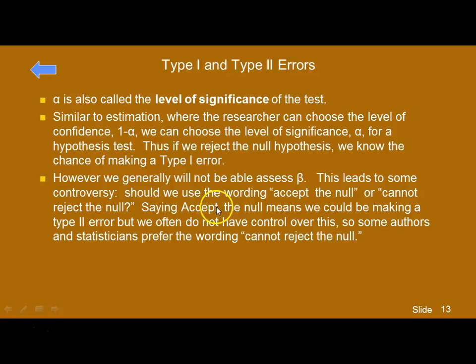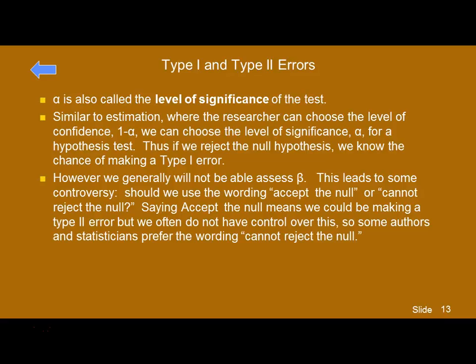Well, some statisticians don't like the words accept the null because if you accept the null, you could be making a type 2 error. But since we don't have control over what the level of type 2 error is, or we don't have a good handle on what the probability of that error is, some authors simply don't like to use that wording. Some authors and statisticians prefer instead to say you either reject the null or you cannot reject the null.